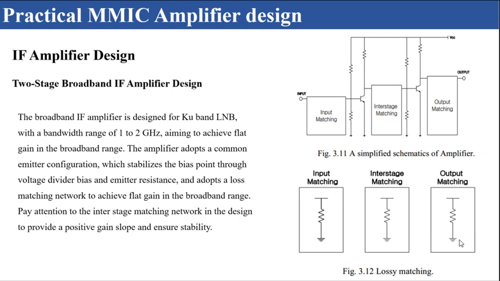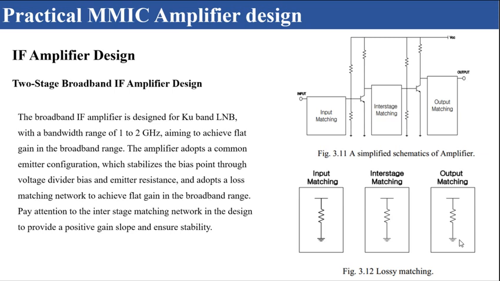The broadband IF amplifier is designed for cool-band LNB with a bandwidth range of 1 to 2 GHz, aiming to achieve flat gain in the broadband range.